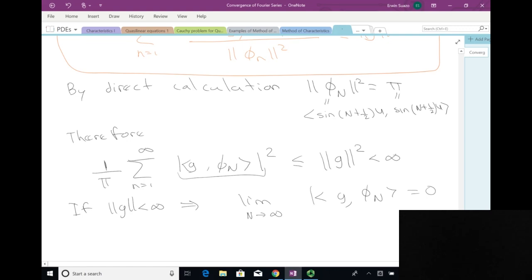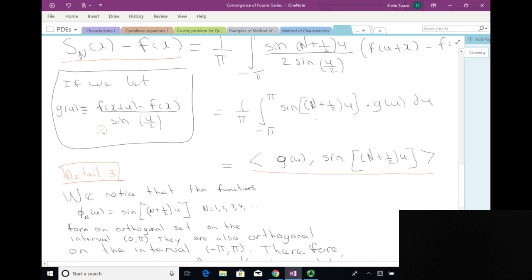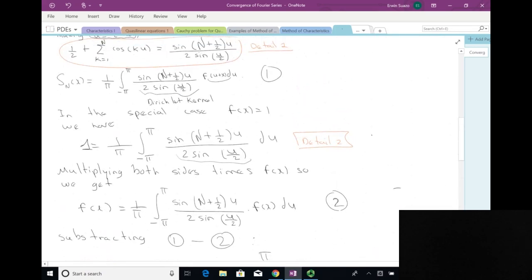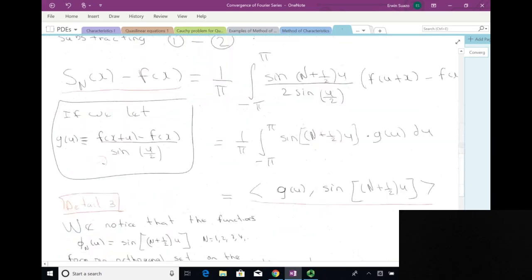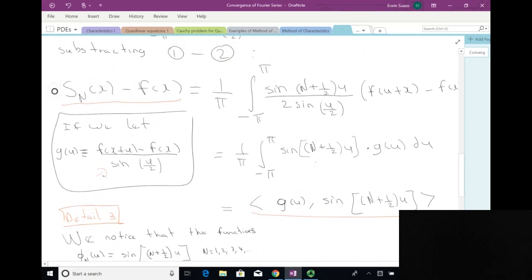Well, you can say in absolute value if you want. We can say that this goes to 0, and if this goes to 0, then this one that I want goes to 0.